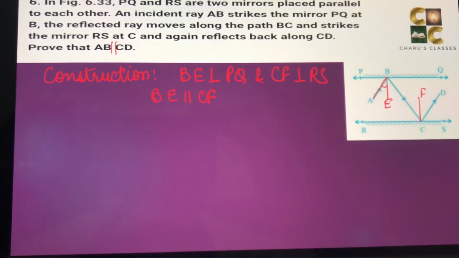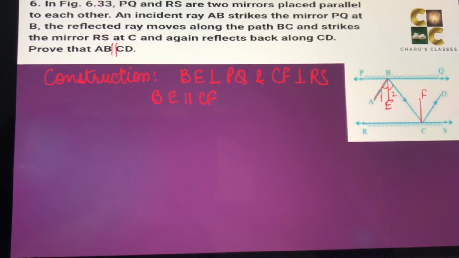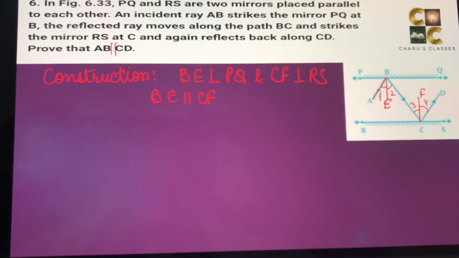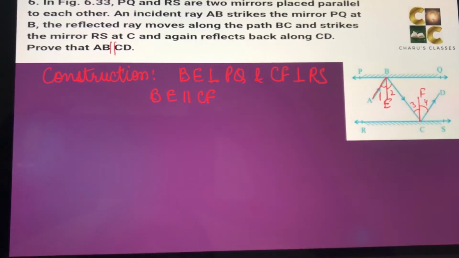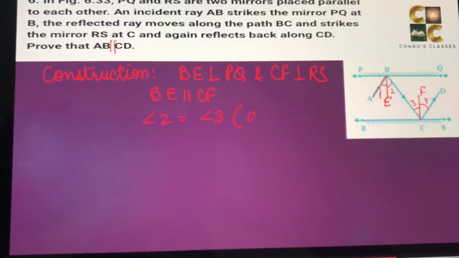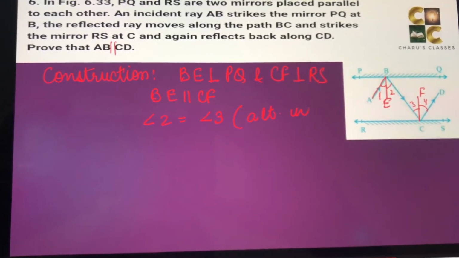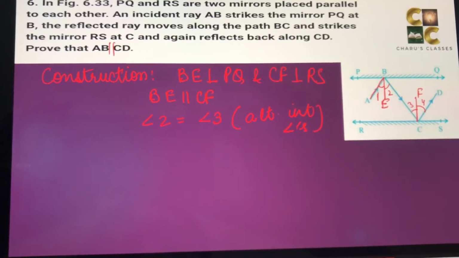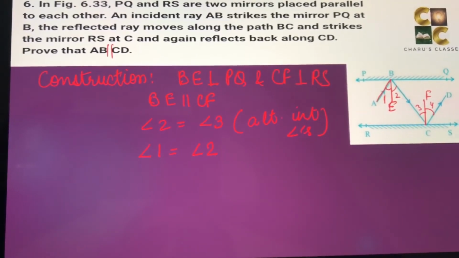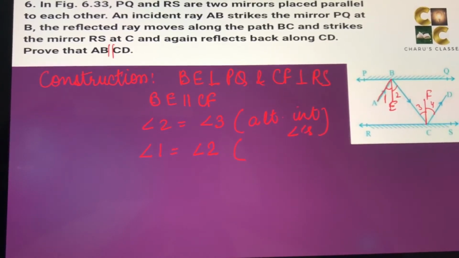Now suppose we call these angles angle 1, 2, 3 and 4. Since BE is parallel to CF, I can write that angle 2 is equal to angle 3. The reason being alternate interior angles. And we also know that angle 1 will be equal to angle 2.